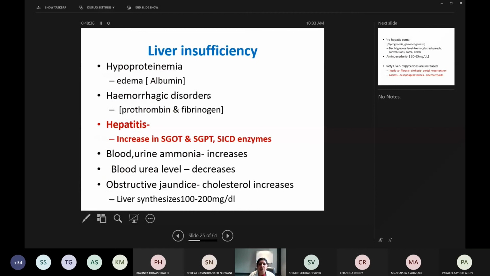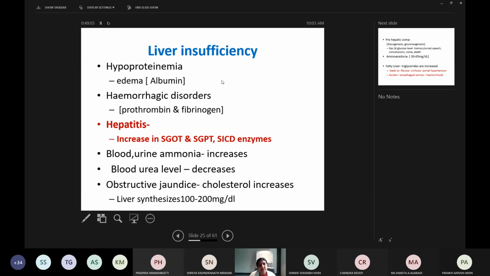Now just coming to a few points on liver insufficiency, and I will finish today's class. Liver insufficiency, what we studied: anemia and clotting factors synthesis deficiency. Along with that, if the liver fails to synthesize plasma proteins, especially albumin, then there will be severe hypoproteinemia.